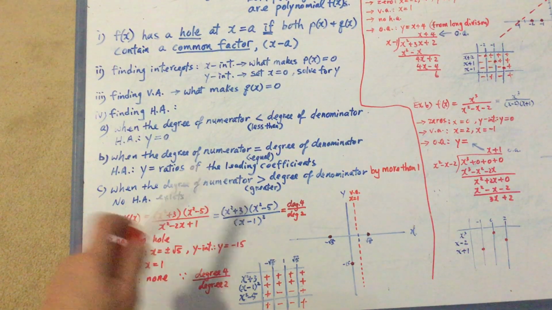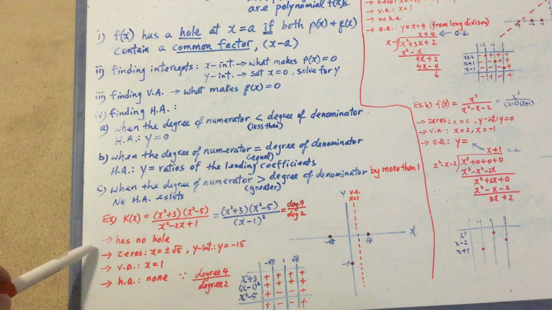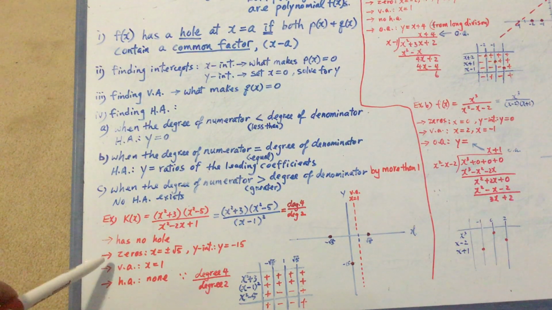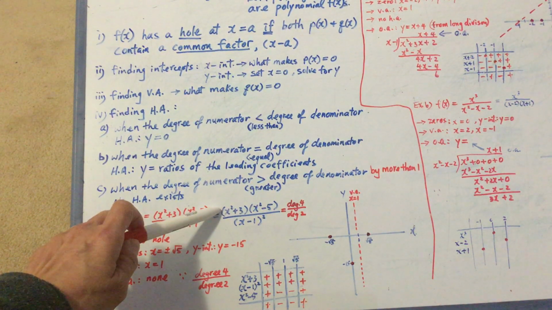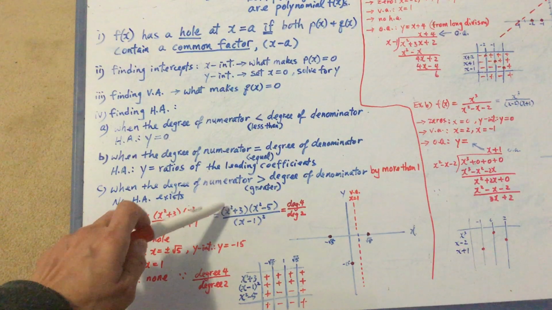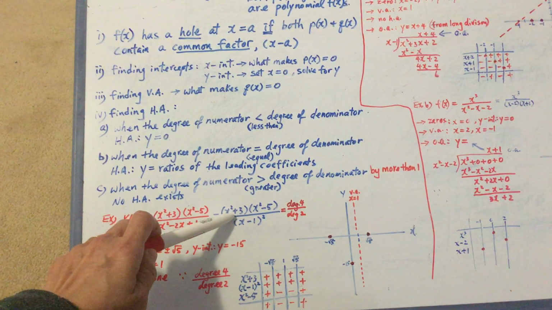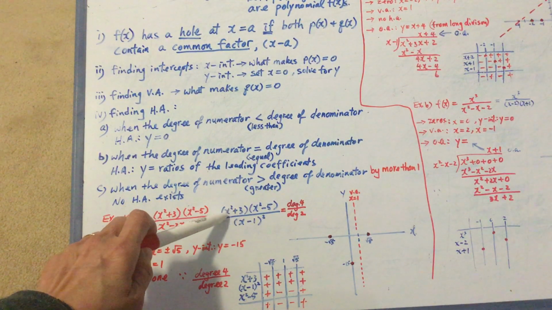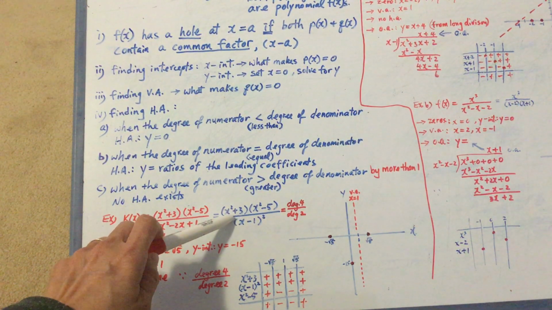From here, I see that there are no common factors, so there will be no holes. I'll be looking at what makes the numerator turn into 0. For the x squared plus 3, there's no 0 coming from here. If you set this equal to 0, x is undefined. So there's no 0 coming from x squared plus 3.